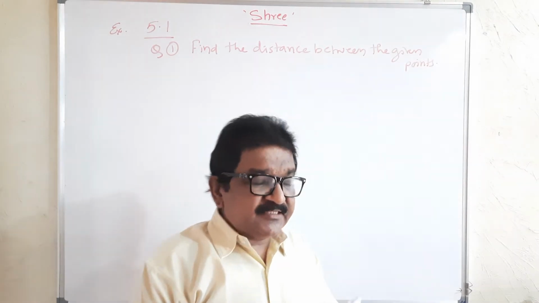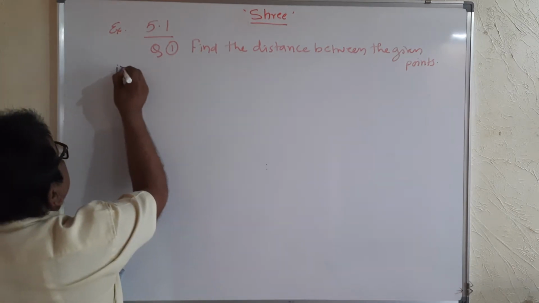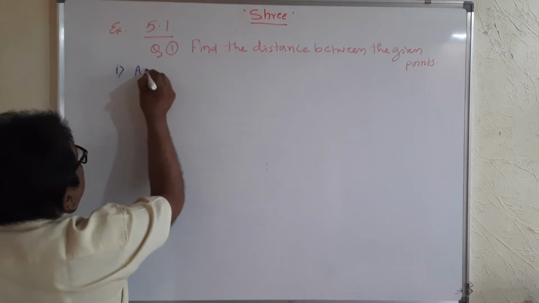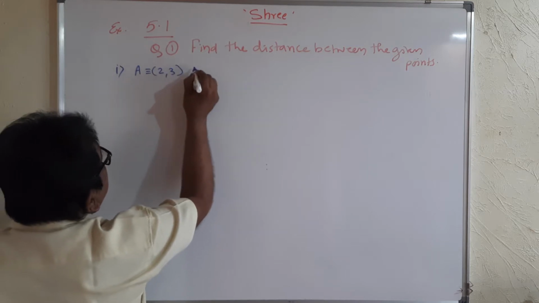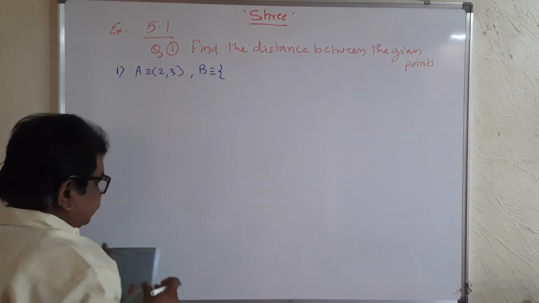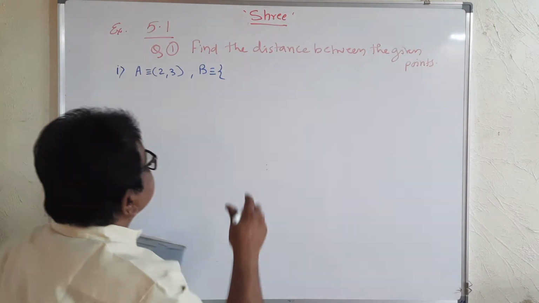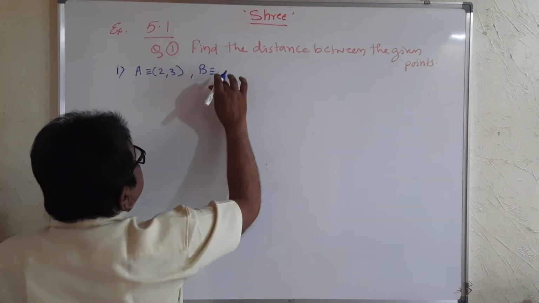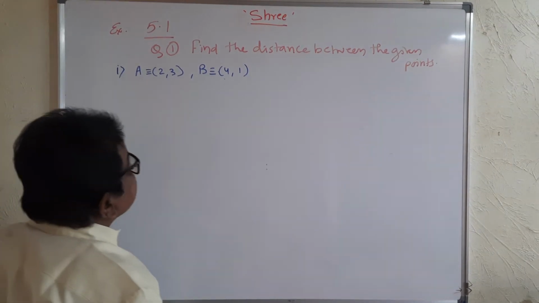So first one is A, 2, 3. A corresponds to 2 and 3. And B corresponds to 4 and 1. Both are positive.